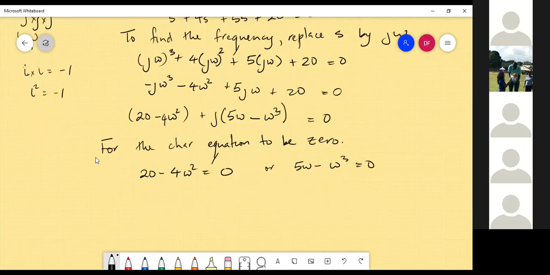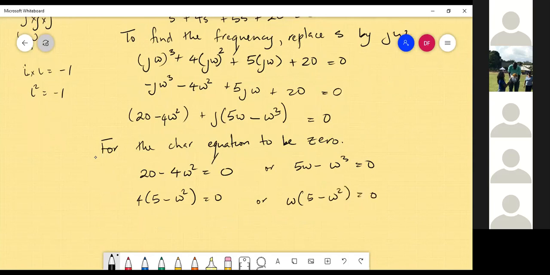So we factorize. 4 into (5 minus omega squared) equals 0, and this is omega into (5 minus omega squared) equals 0.